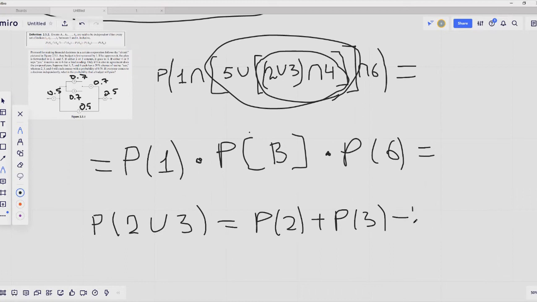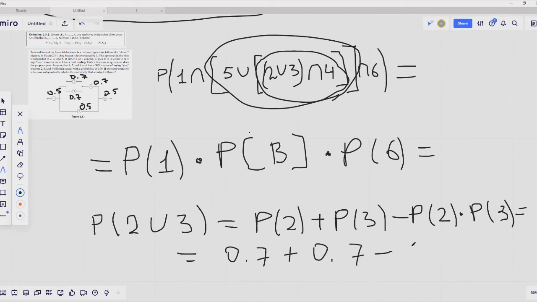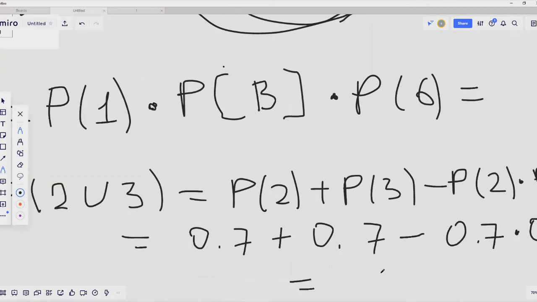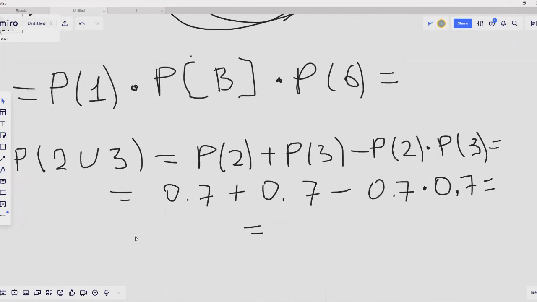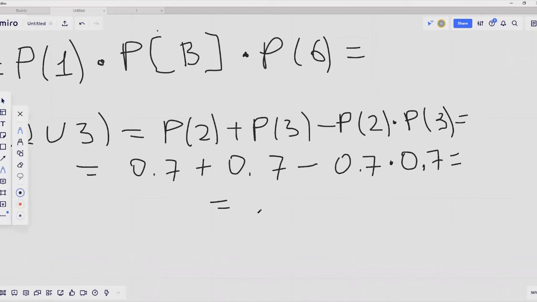They make decisions independently, so we can express the probability of the intersection as a product. Okay, great. Now this is equal to, number 2 is 0.7, number 3 is 0.7, minus 0.7 multiplied by 0.7. So this is 1.4 minus 0.49, which is 0.91.